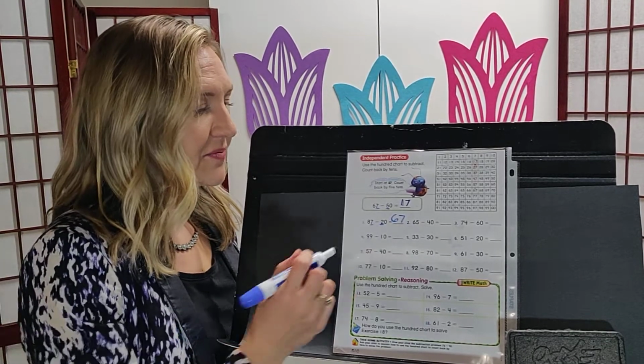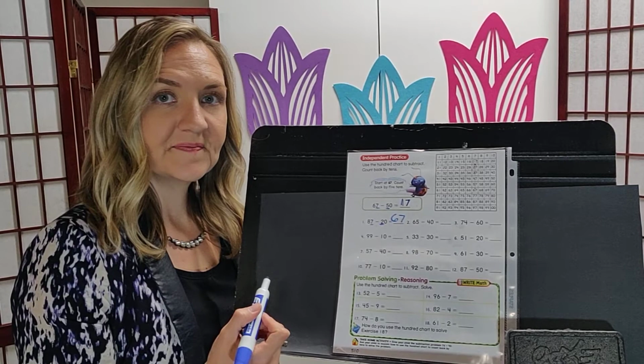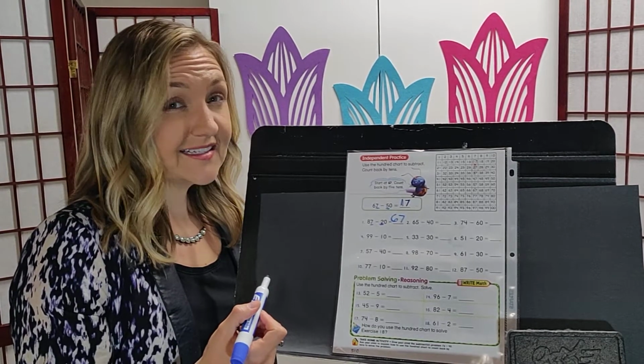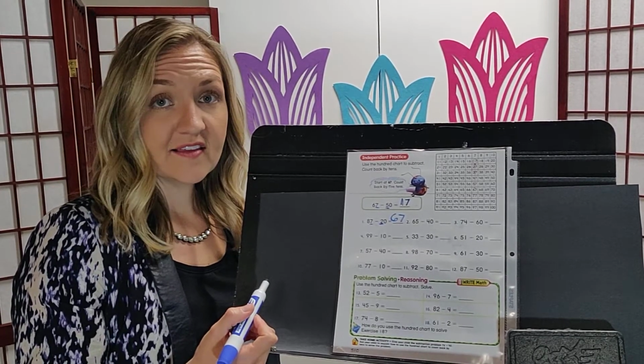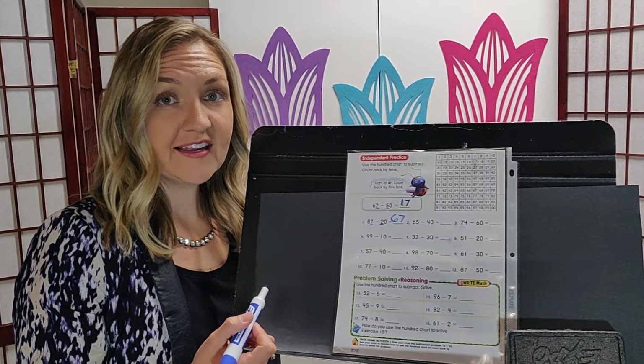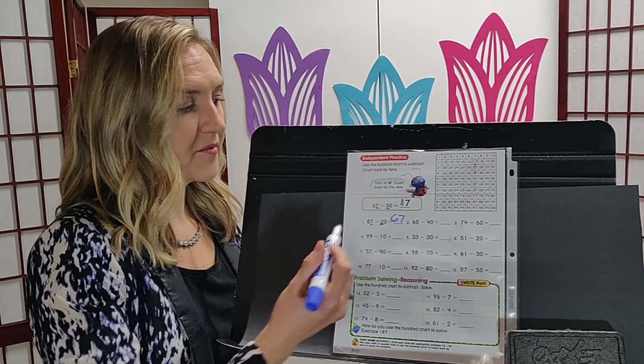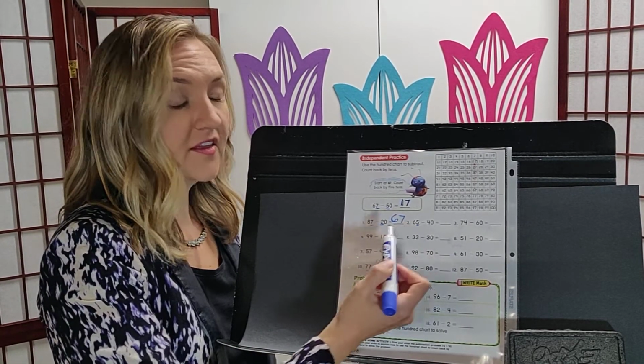Okay, let's look at number 2. 65 minus 40 equals, looking at 65, it ends with, so what column should we look at to find 65? The 5's column, right? 65 has a 5 in the 1's column.